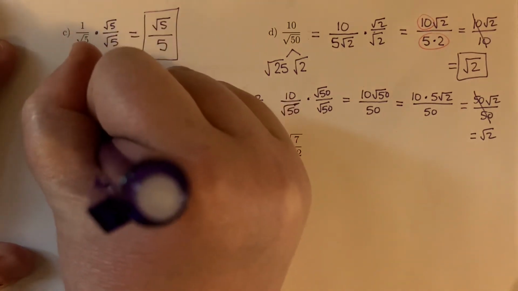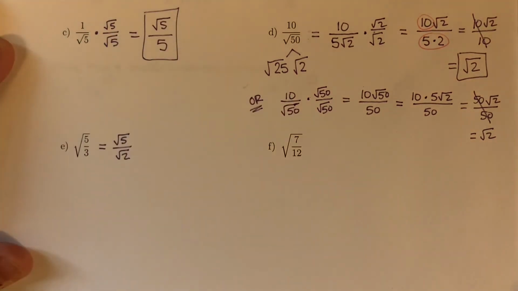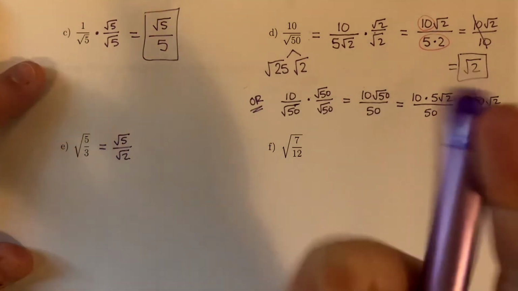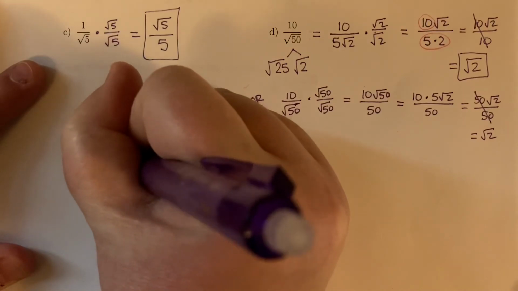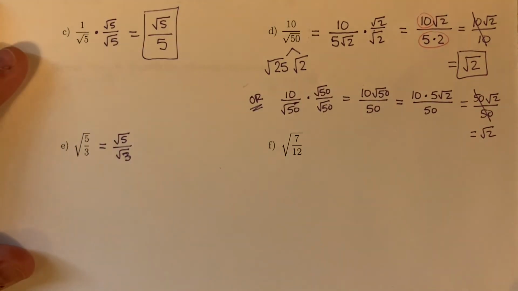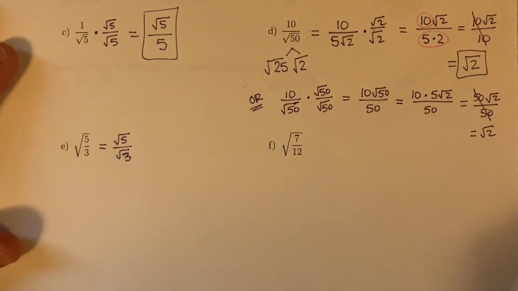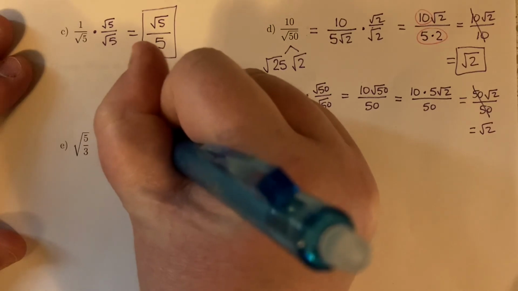All right, last couple on this page. We got first, I gotta write down the problem right, but to think of a fraction under a square root as 2 separate square roots. So it's square root of 5 times square root of 3, and we need to rationalize the denominator, the bottom.